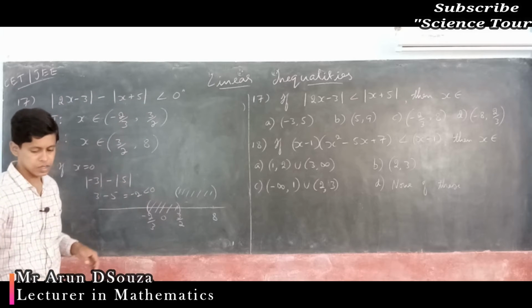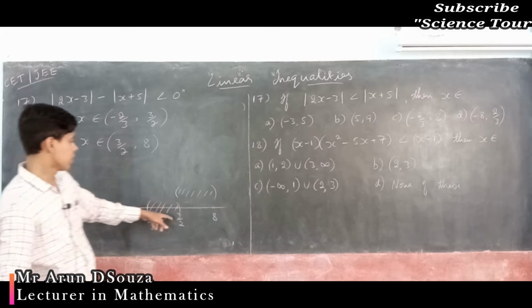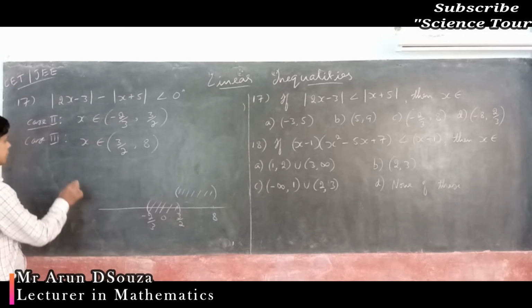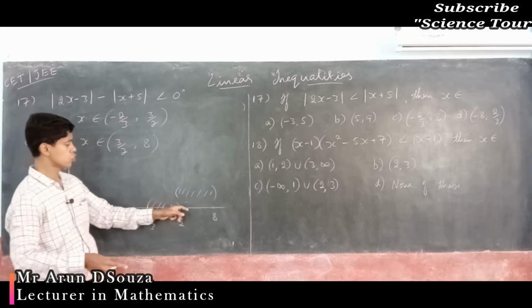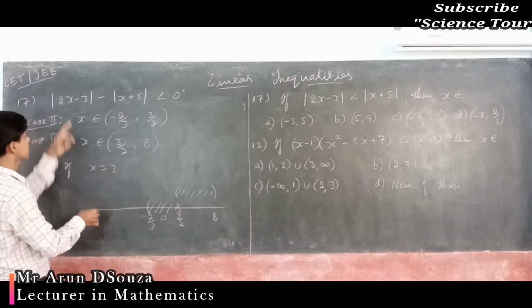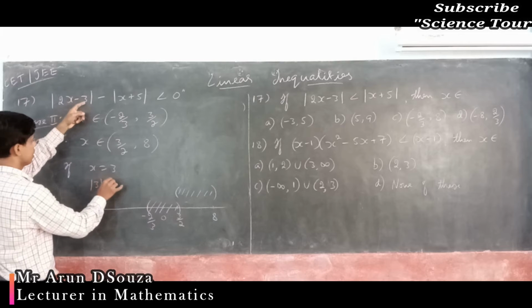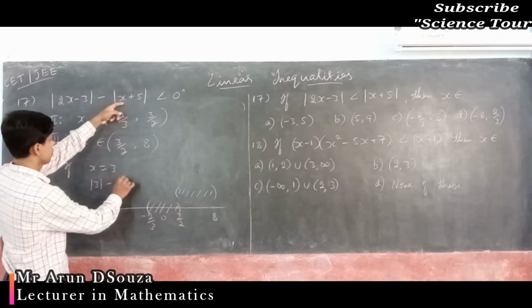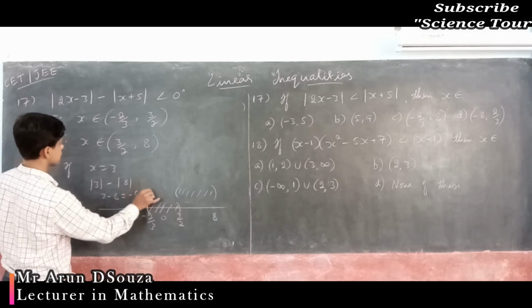Yes, it satisfies. Now let me check for a value in the interval 3 by 2 comma 8. 3 by 2 is 1.5, so I will take 3. If I take 3, then this will be 6 minus 3, which is 3, and this will be 8. So 3 minus 8 is minus 5, less than 0, right?